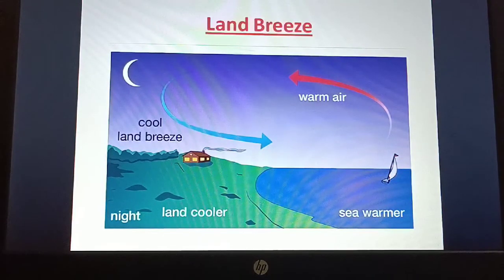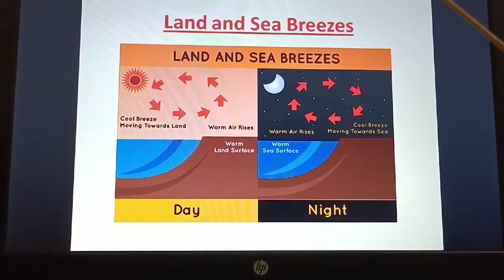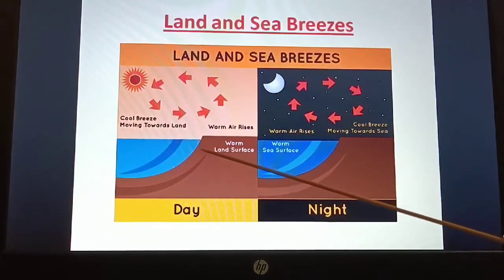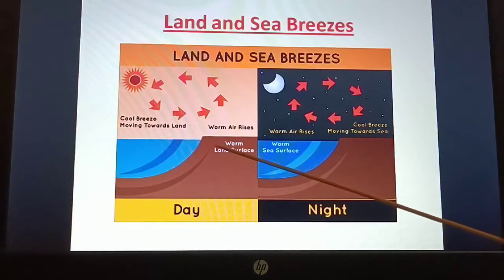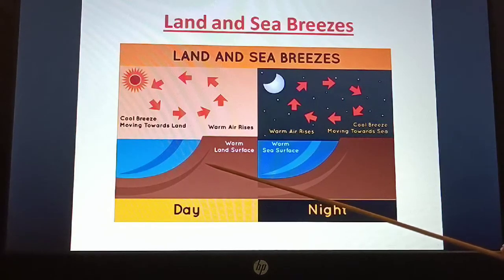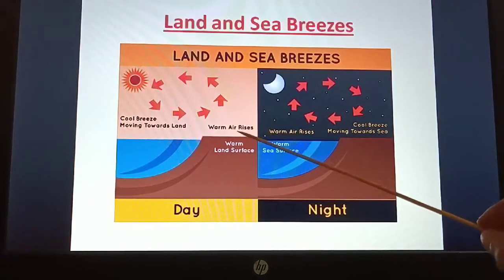Now what is the differentiation here? What is the difference if you find? See, for example, if you see here, the land breeze occurs in the day. So the land surface gets warm.